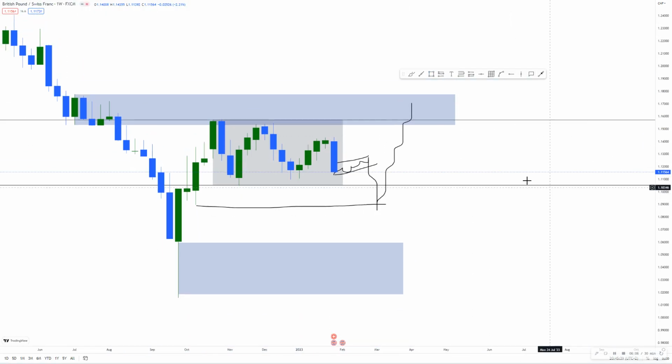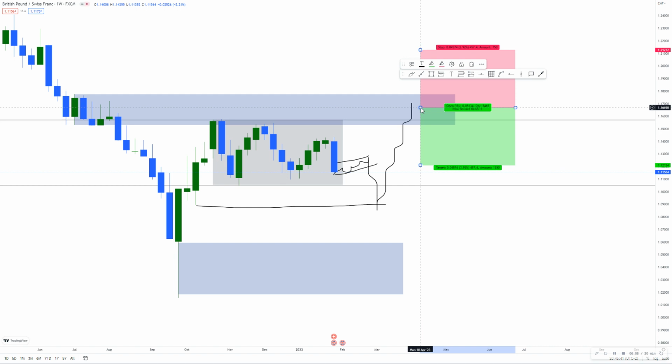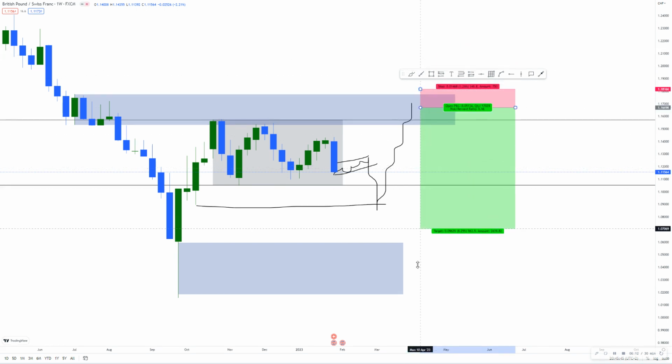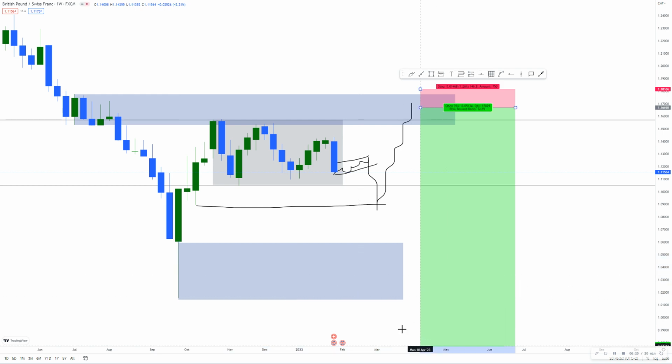From acting on that supply level, we could see price continuing with its drop to possibly fill in the whole tail or half of the tail. We don't know. Or it could just break this, taking this double bottom liquidity that would have formed if it did form.